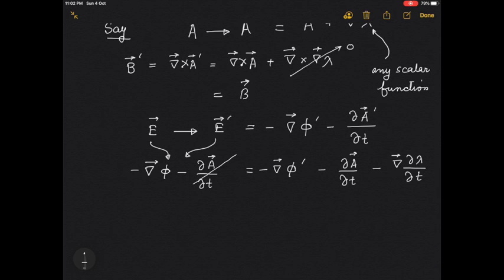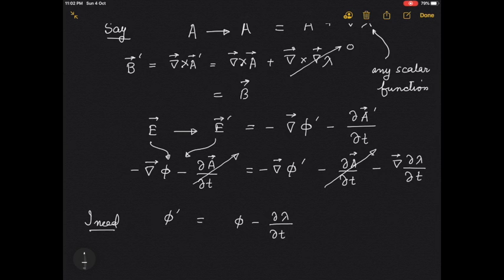If we compare these two, you see that obviously these two are same, so they can be cancelled. I need phi prime to be same as phi minus del lambda del t.